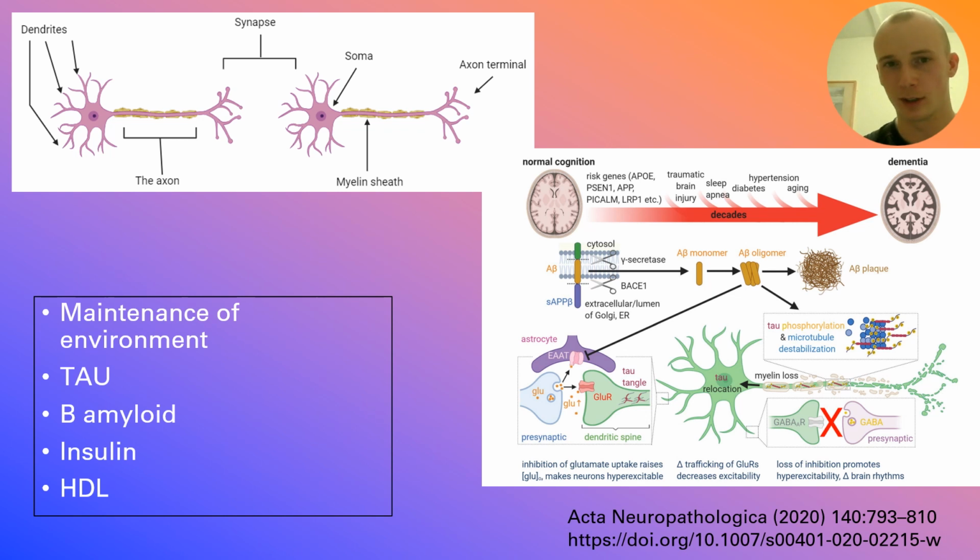However, in neurodegenerative disease, tau protein can become hyperphosphorylated, which just means it has too many phosphate groups added to it. And this can mean it can aggregate into insoluble structures known as neurofibrillary tangles.